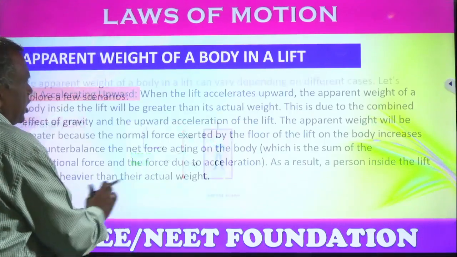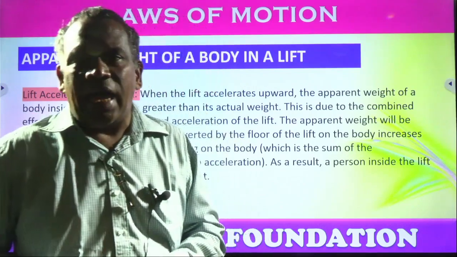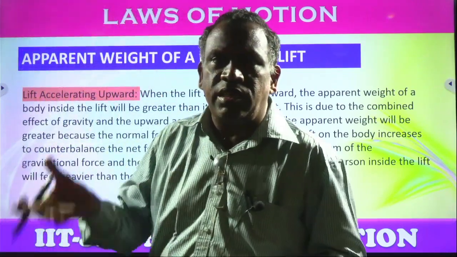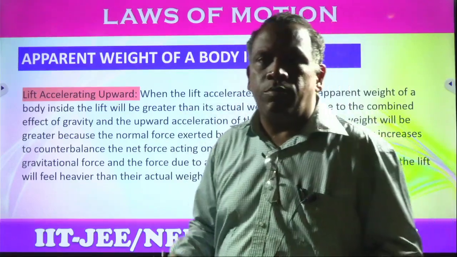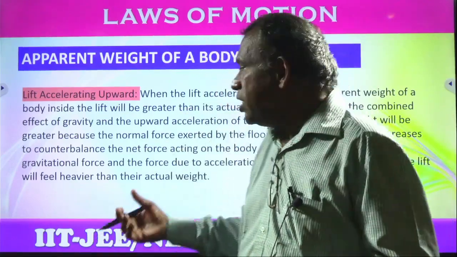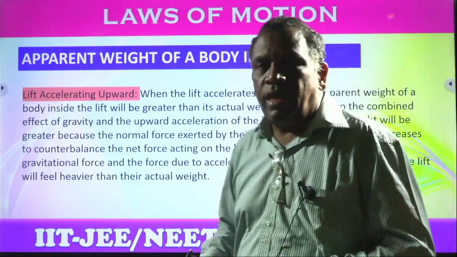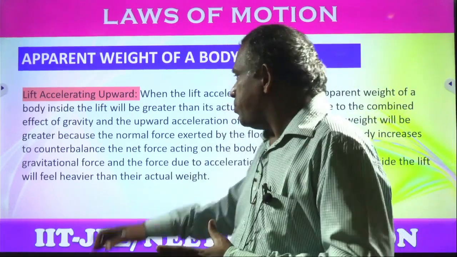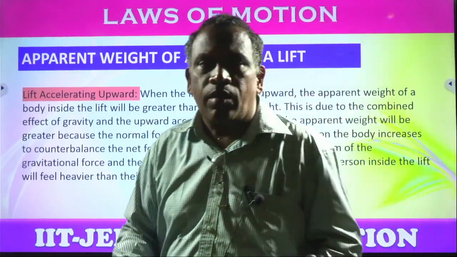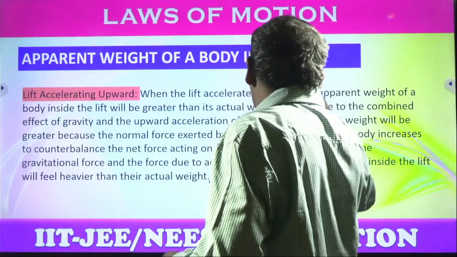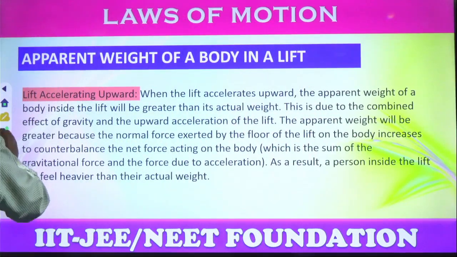See, coming to the next case, the lift is moving accelerated upwards. When the lift is accelerated upwards, gravity acts downwards, but if you compare actual weight and apparent weight, the apparent weight will be greater than the actual weight.